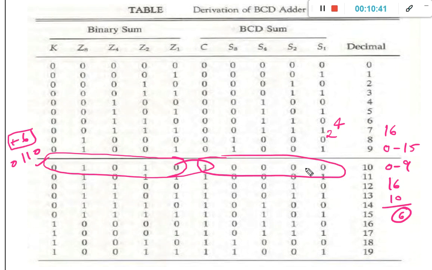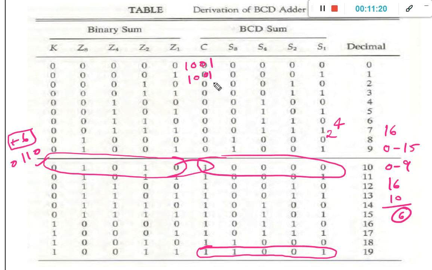Whenever we are going to get the BCD sum, if the sum has more than one digit, then you need to add plus 6, that is plus 6 in binary format, to get the correct result. Okay. For example, let us check for the 19 value. What is the 9 value? 1001 plus 9, 1001. 9 plus 9, 18.